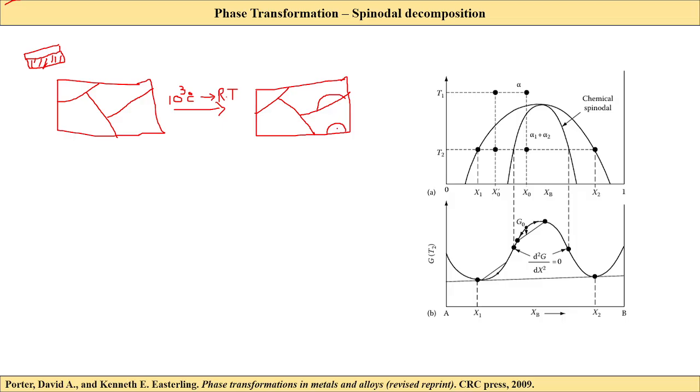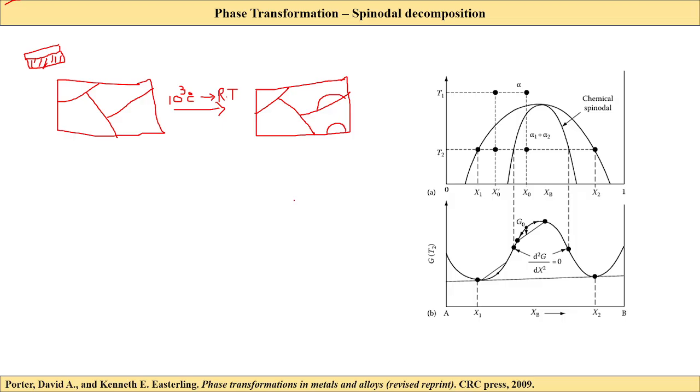Because in homogeneous nucleation, if a different phase forms, it needs to create its own surface area, so the system needs to provide energy to form a new surface. Inside the phase we are getting another phase, so there is a creation of new surface area inside a volume.